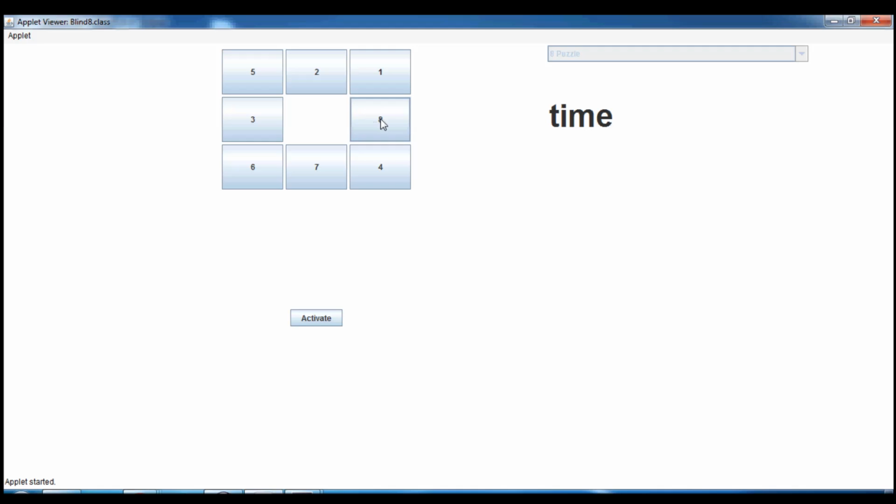The blindfolded solve state will be 1, 2, 3, 4, 5, 6, 7, and 8. So 8 needs to go here, 4 needs to go here, and then 3 again would move here.